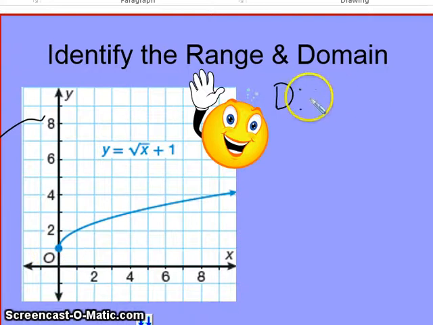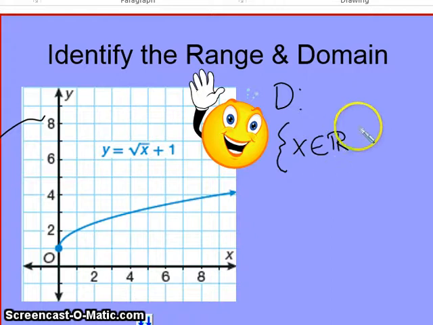So we know that we are going to have a set of numbers, and x is an element of all real numbers, such that, now again I said our smallest possible x value is 0. So that means x is going to be greater than 0.